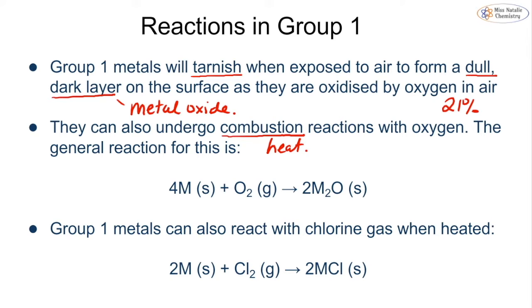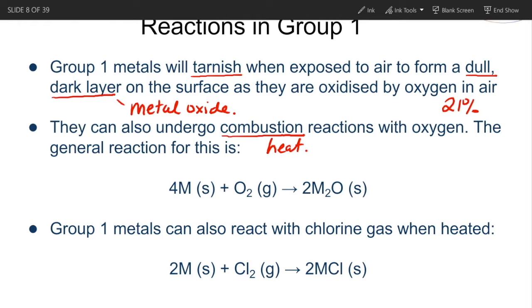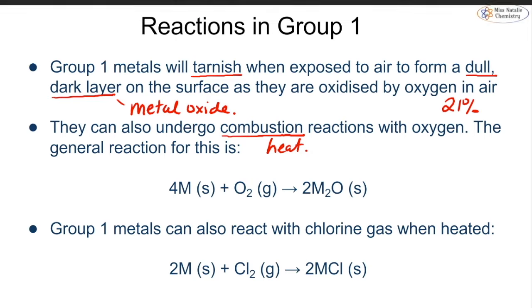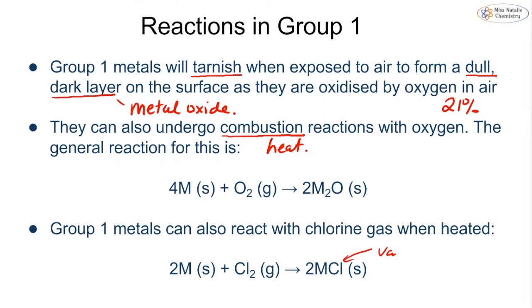Group 1 metals can also react with chlorine gas when they're heated, and that gives us the general reaction of 2M plus Cl2 giving us 2MCl. Remember here, both of them have a valency of 1, so they are going to be in a 1-to-1 ratio, as opposed to here, where they are going to be in a 2-to-1 ratio with the metal to the oxygen.